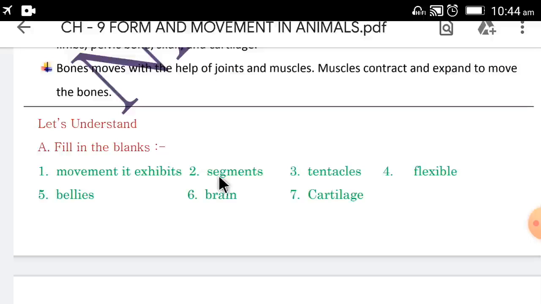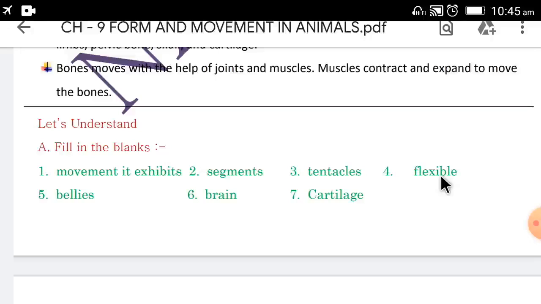Second, an earthworm's body is made up of several parts called segments. Next, a snail has tentacles that bear eyes at the tip.